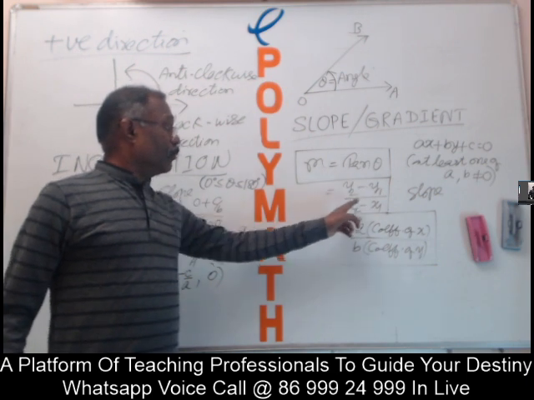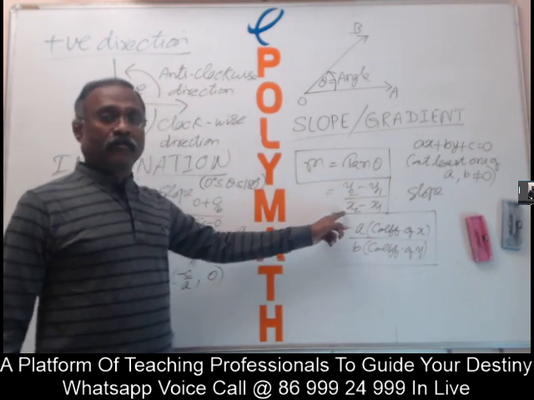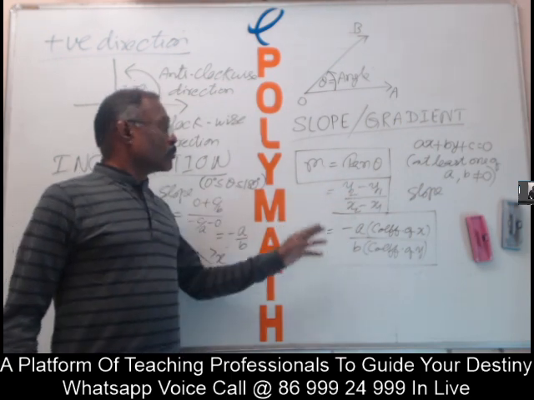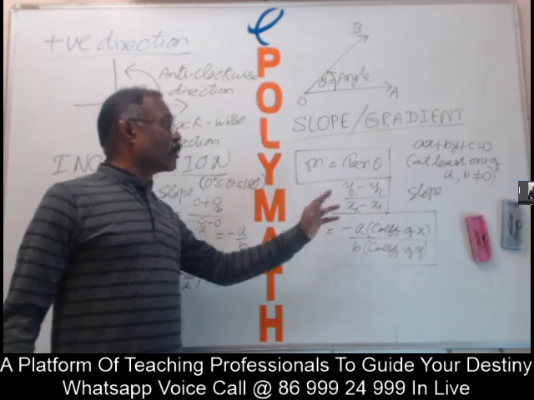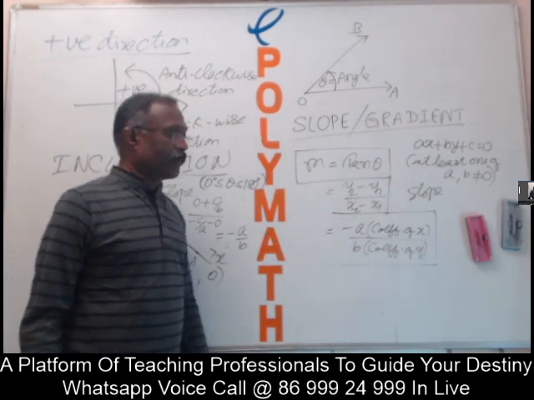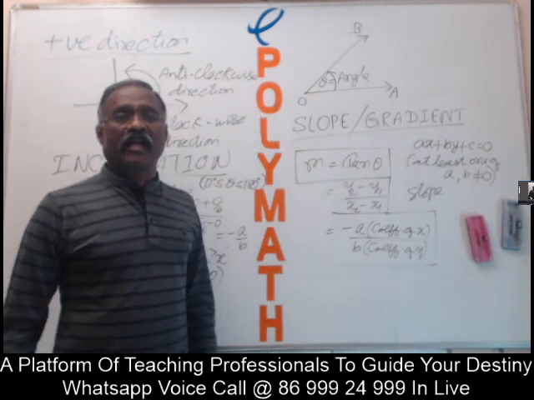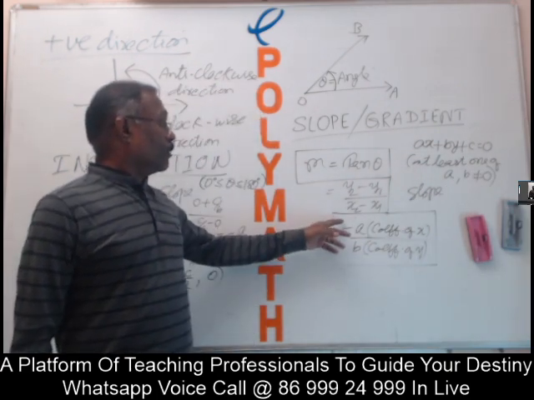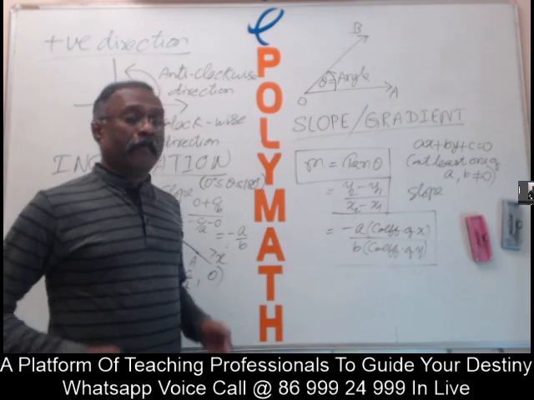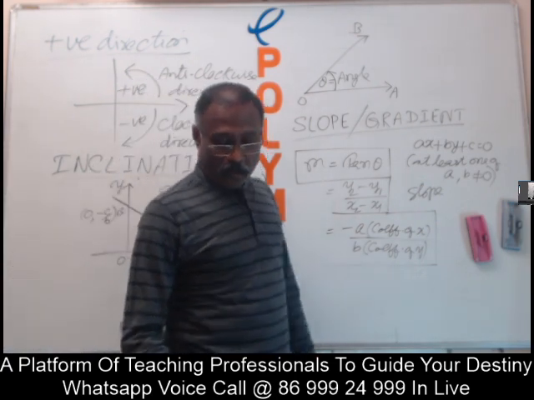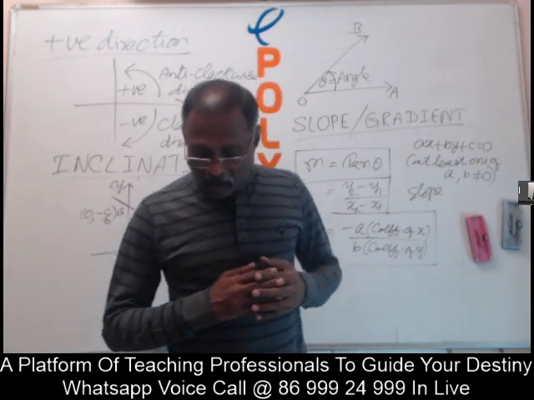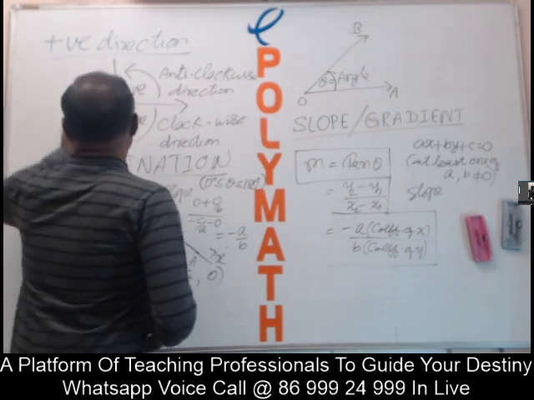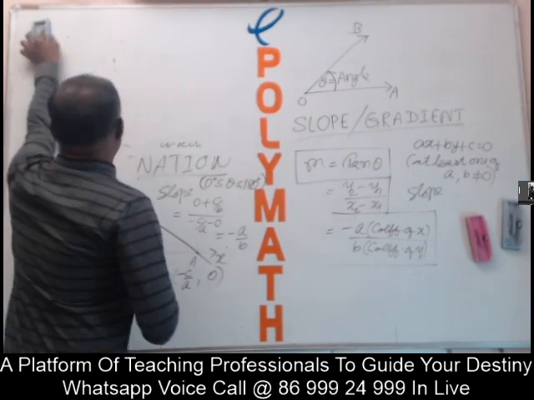If you write from y2, the denominator should also be written from x2. If you write from y1, the denominator must be written from x1. You should not write as you like. So y2 minus y1 by x2 minus x1 or y1 minus y2 by x1 minus x2 are both the same. If the line equation is given in the general form ax plus by plus c equals 0, with at least one of a, b non-zero, then the slope of the line is minus a by b. This is the slope or gradient of the line.